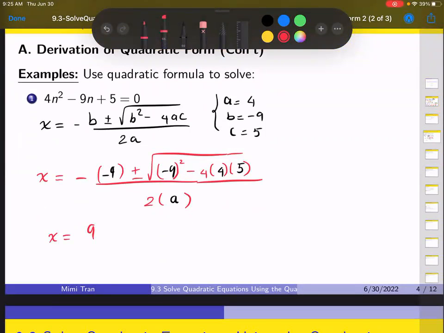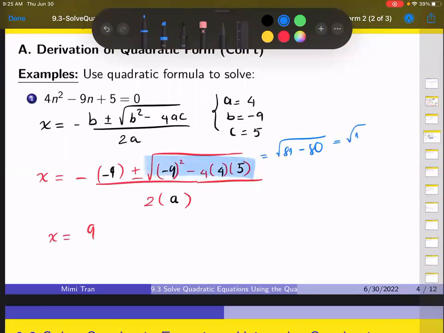This part right here, I'd rather do it on the scrap paper. Okay, so I have square root of -9 squared, which is +81, right? 4 times 4 times 5, 20 times 4 is 80, right? 81 minus 80.